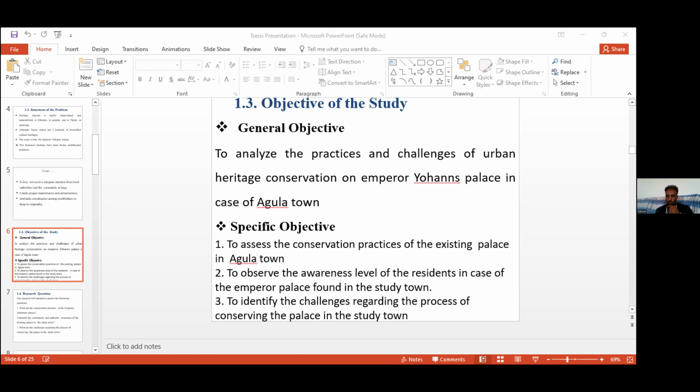Okay. Thank you. First, I would like to introduce myself. I am Kibrom Melat. I am attending my master's at Melat University, specializing in urban planning and development.